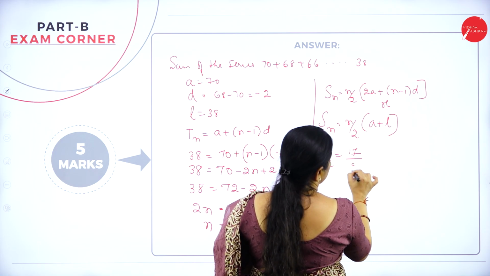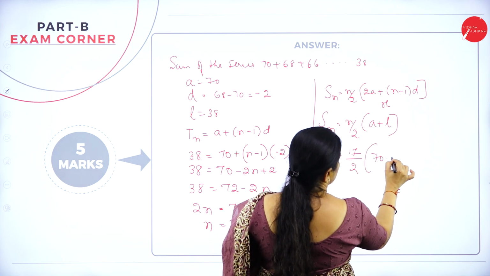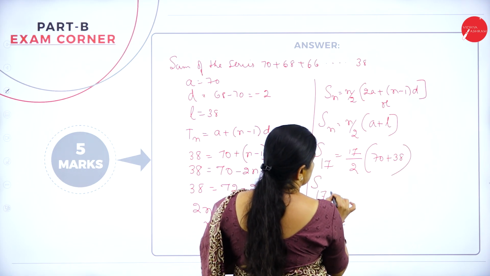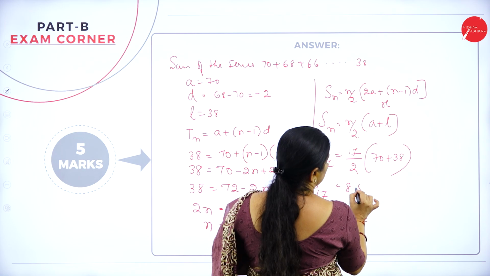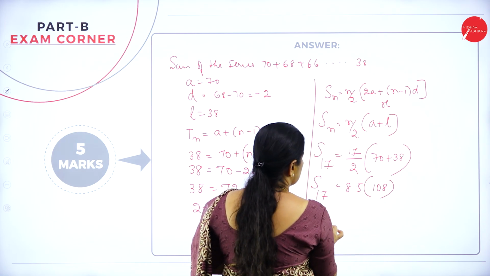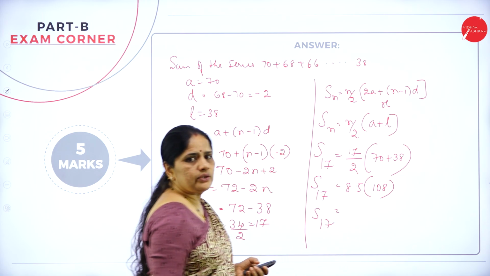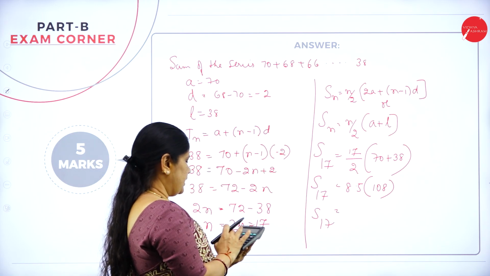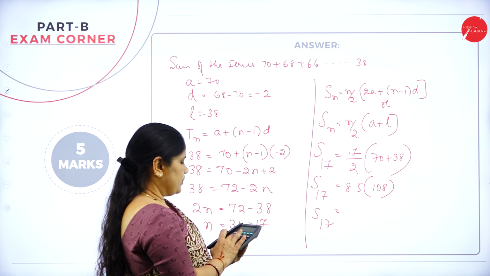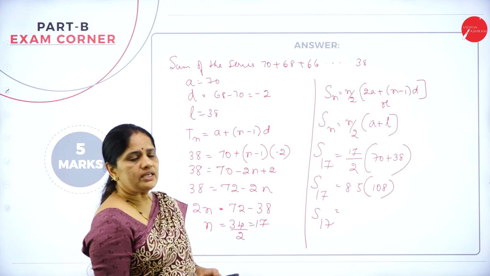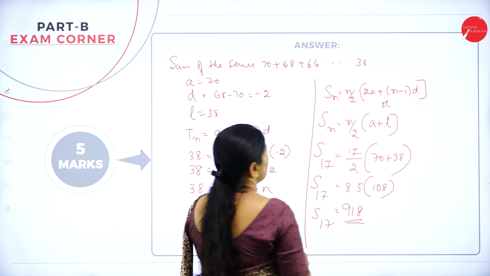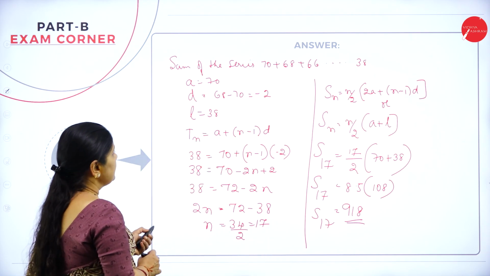So 17 by 2 into (70 plus 38). So S17 will be 8.5 into 108. So S17 will be equal to 8.5 into 108, so that will be 918. So the sum of the series is 918.